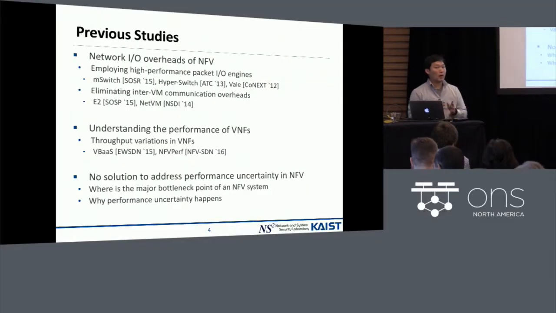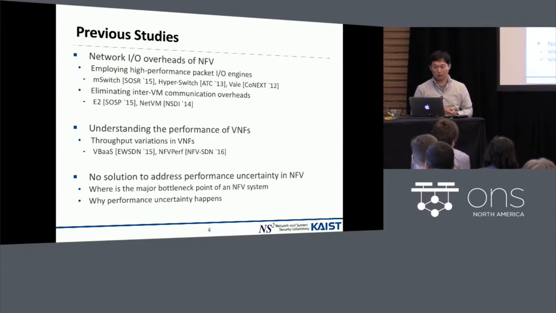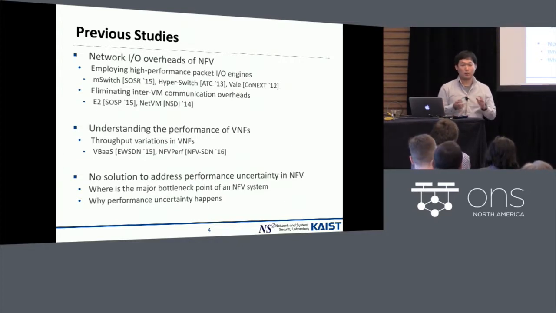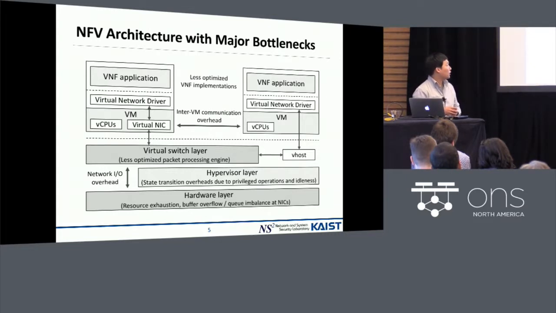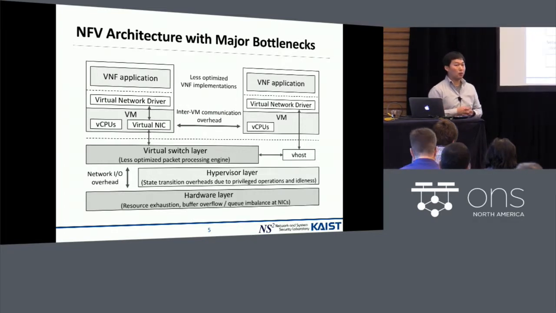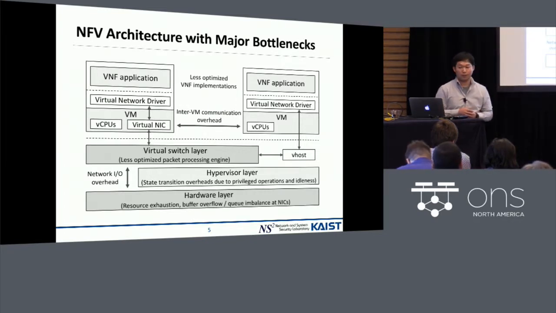Then, why is it difficult to address performance issues in an NFV system? An NFV system is generally composed of 4 layers: hardware, hypervisor, virtual switch, and virtual network functions. And as you can see, there are various potential bottleneck points in each layer.